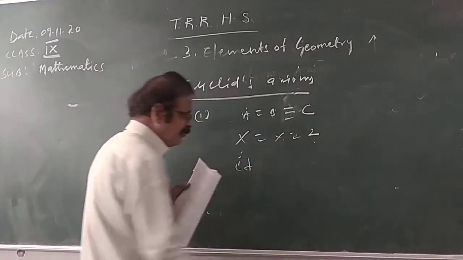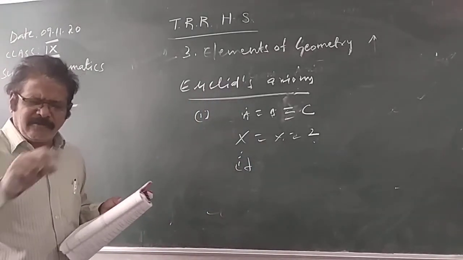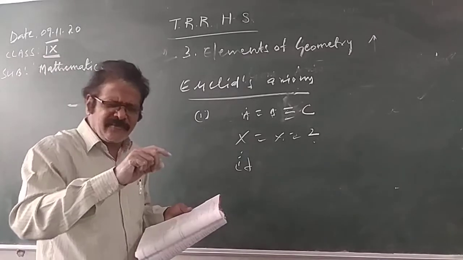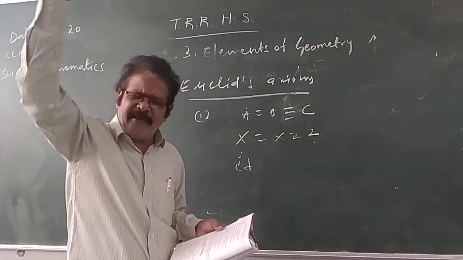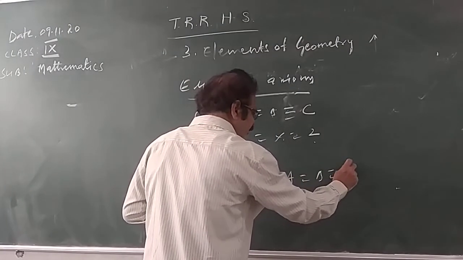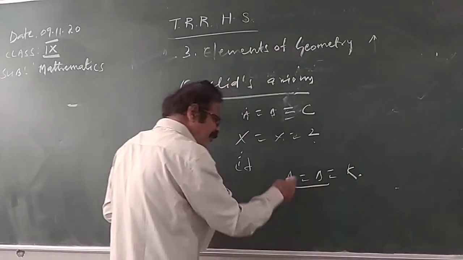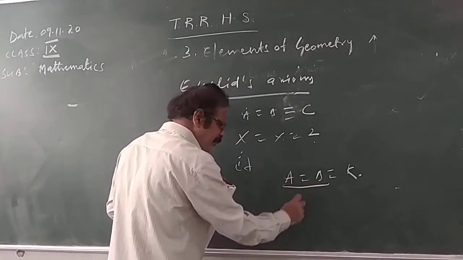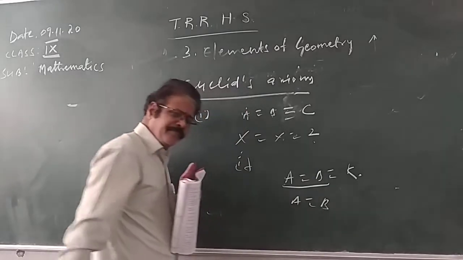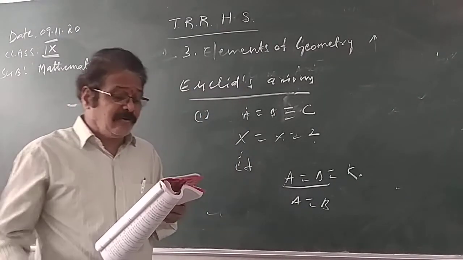When two persons are equal to the third one, when A, B are equal to K, then A equal to B. Like that. The things which are equal to the same thing, they are equal to one another.